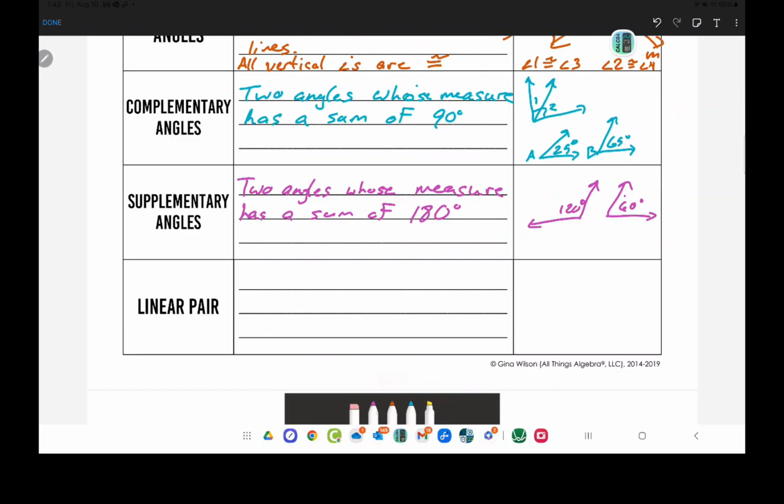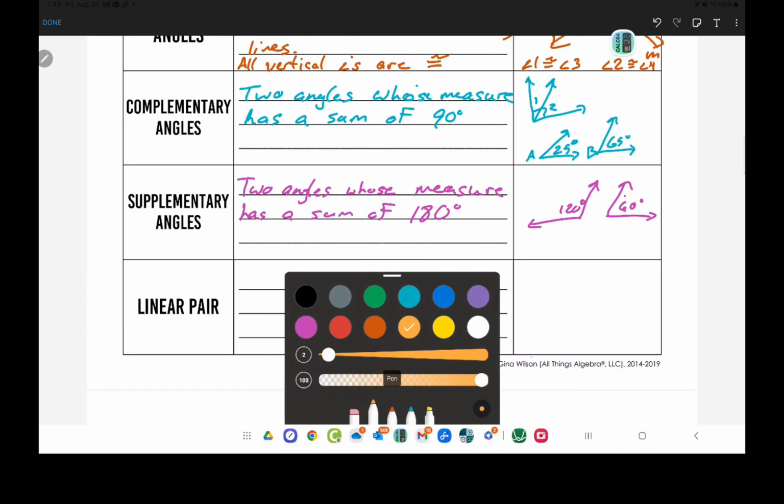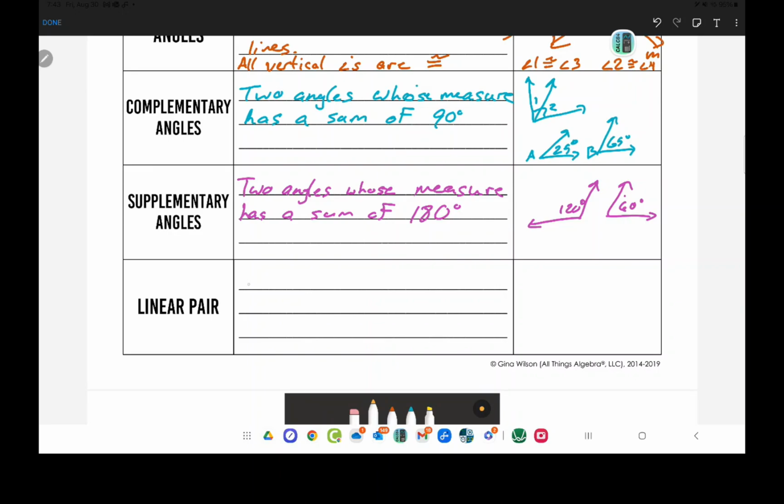Now, the last one. Linear pair is adjacent angles that are supplementary.